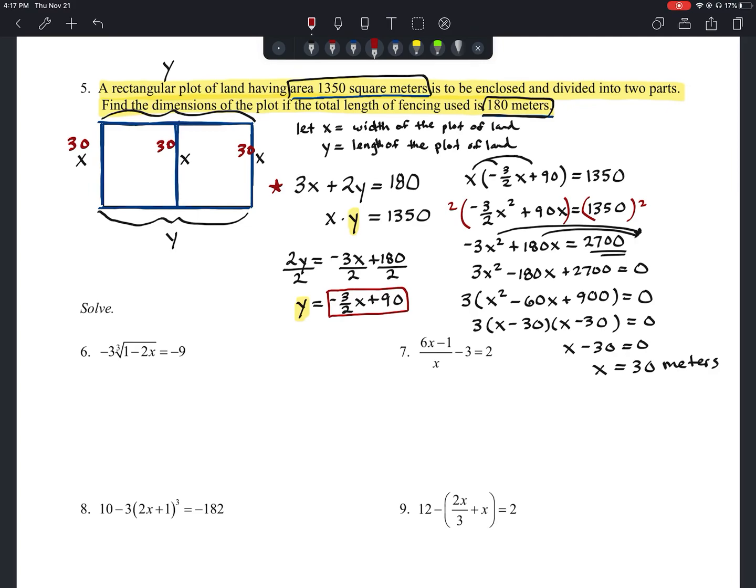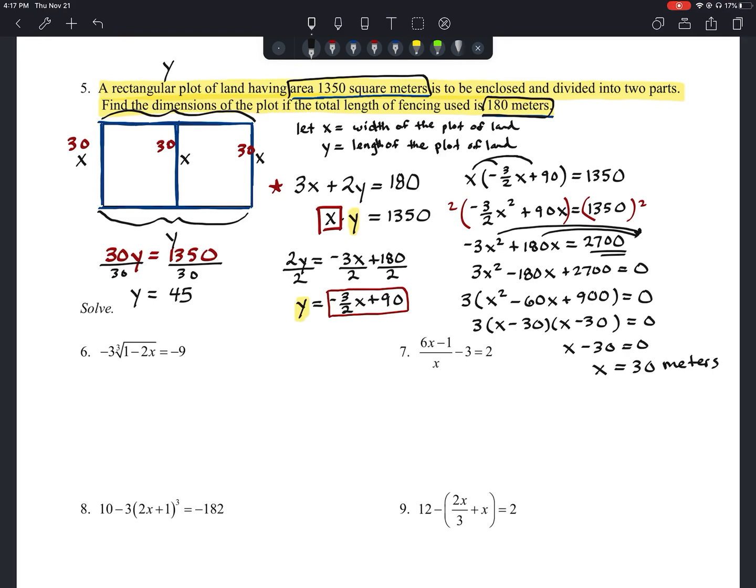So we're going to say 30 times y is equal to 1,350. We put it in for our x in that equation. We divide each side by 30. And what we end up with there, I believe, is 45.